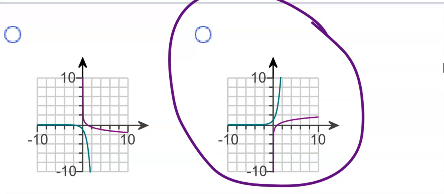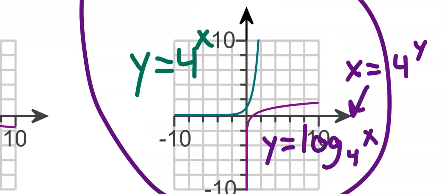But if you want it solved for y, we have to rewrite it into its other form, which would be log base 4 of x. Now, every logarithm graph looks very similar with few changes. All of them look like this purple one.